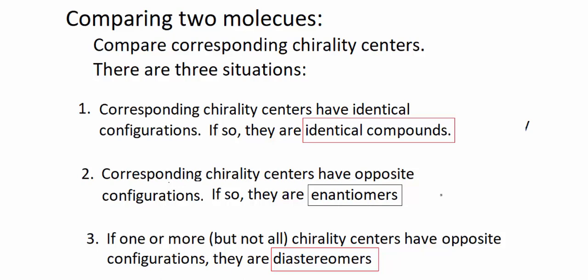Compare the configuration of corresponding chirality centers of the two molecules. There are three situations. If corresponding chirality centers have identical configurations, the compounds are identical. If the corresponding chirality centers have opposite configurations, the compounds will be enantiomers. If one or more, but not all, chirality centers have opposite configurations, the two molecules will be diastereomers.